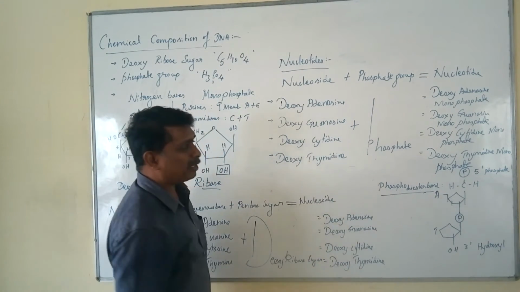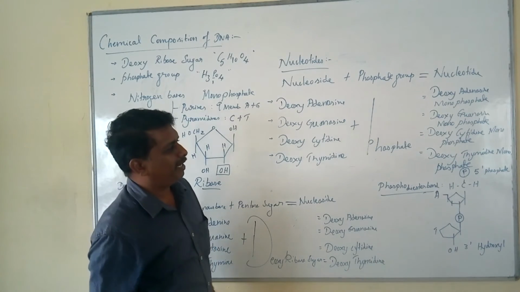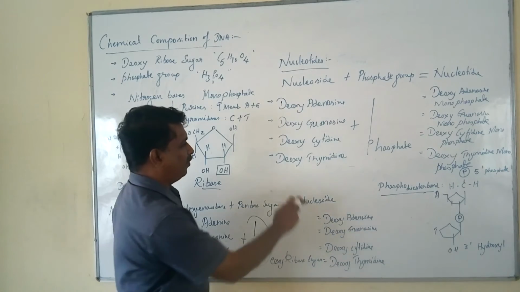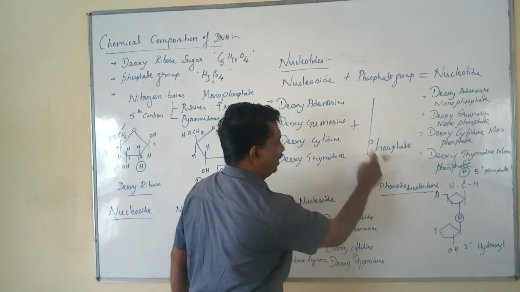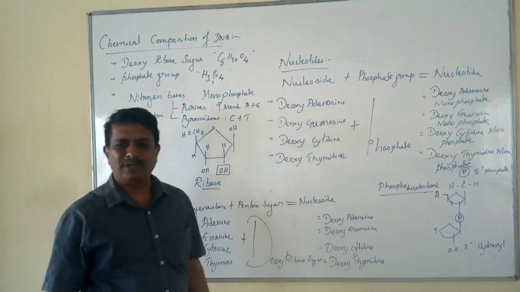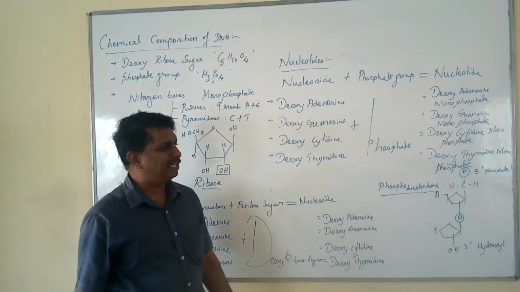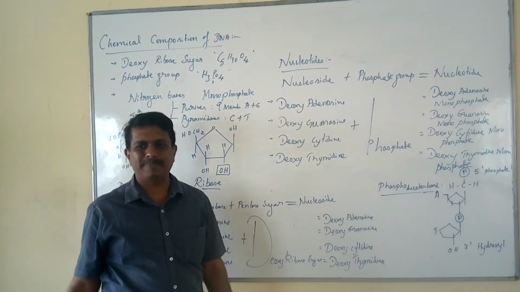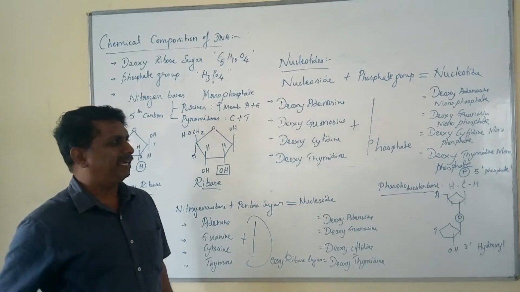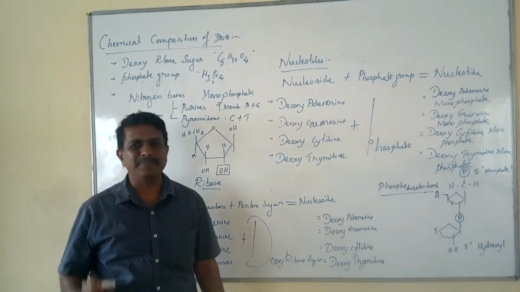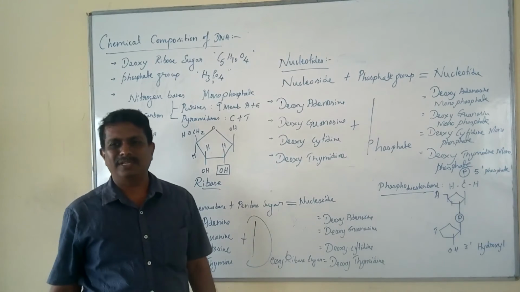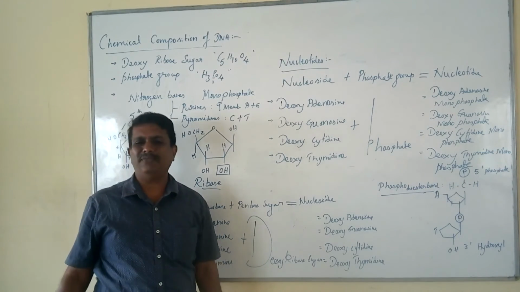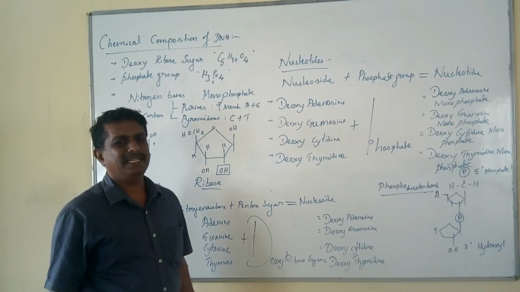Deoxycytidine combines with the phosphate group, leading to the formation of deoxycytidine monophosphate. The last important one is deoxythymidine, which combines with the phosphate group, leading to the formation of deoxythymidine monophosphate. These are the four important types of nucleotide derivatives commonly found in the DNA.